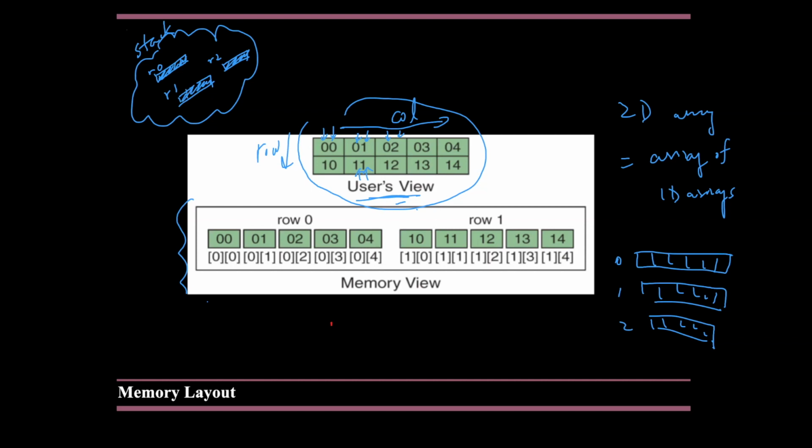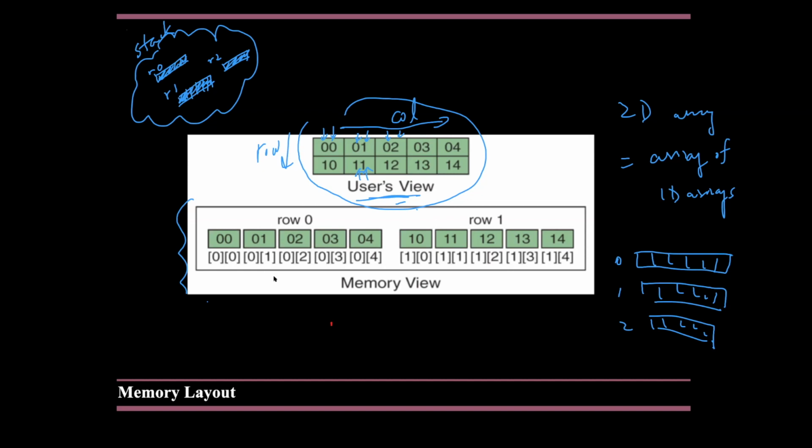Meaning they're sitting consecutively, right next to each other. If this memory space is 1, the next one is 2, the next one is 3, and so on and so forth. That is assuming that memory goes up in number, but sometimes memory goes down too in terms of hexadecimal designations. That's outside of the scope of this discussion.